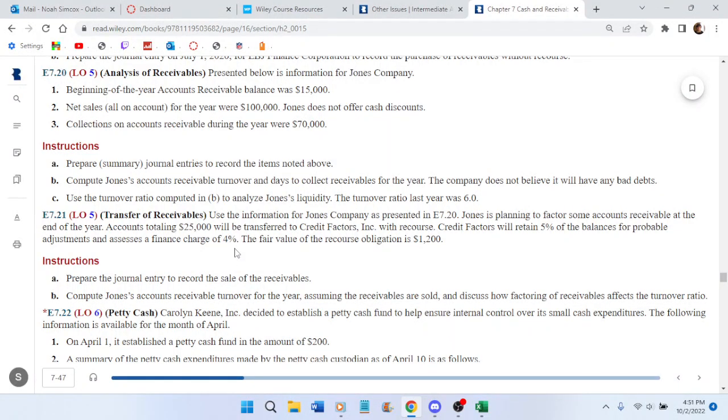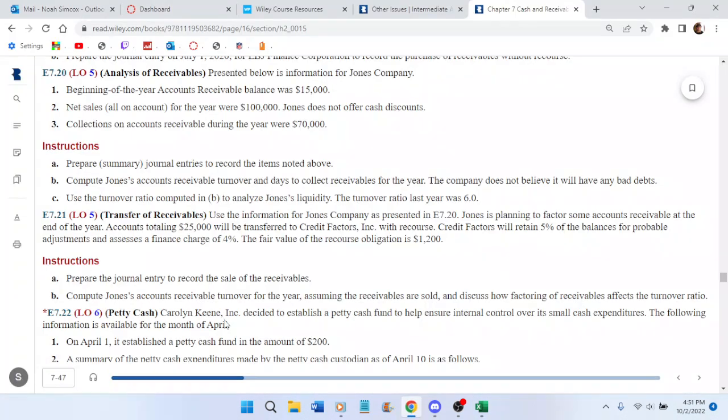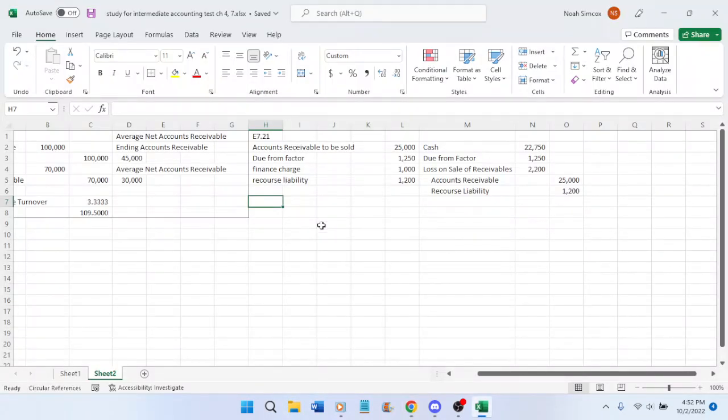Did I do the accounts receivable turnover part? Yes, I did. Well, I didn't. The teacher did it because I didn't give myself time to do it myself. Accounts receivable turnover.